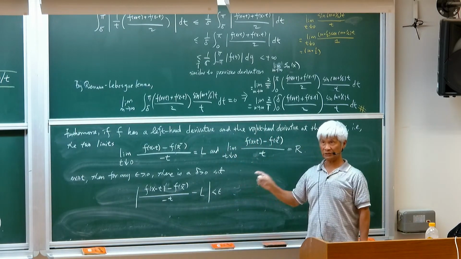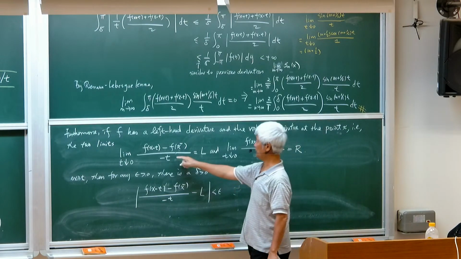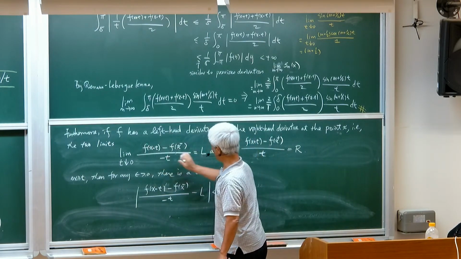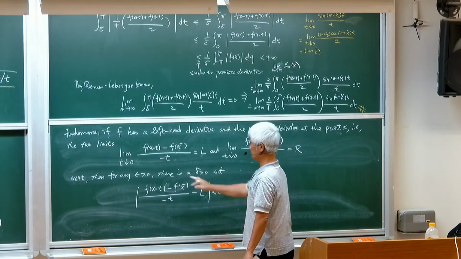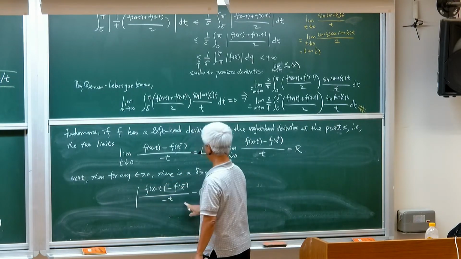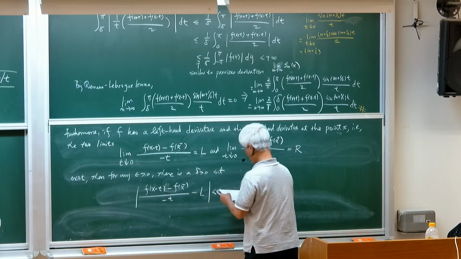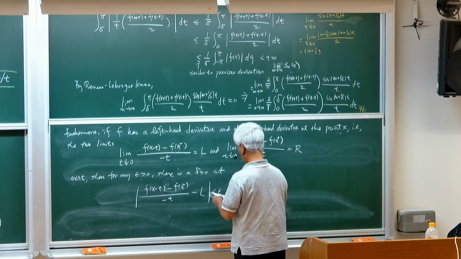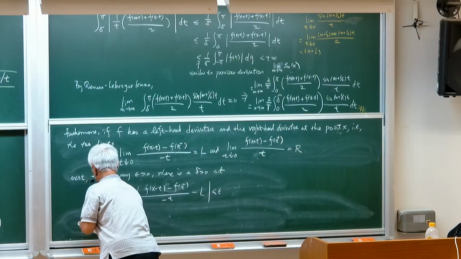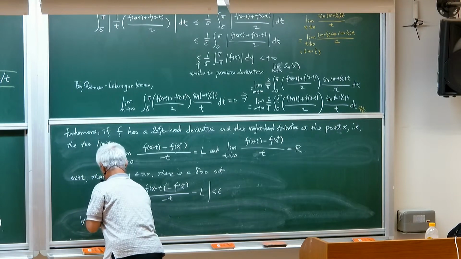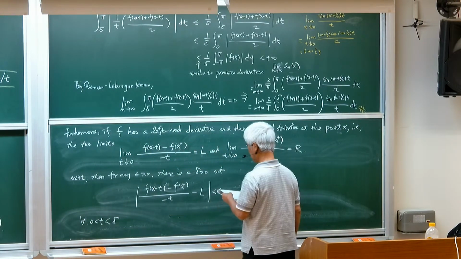This is the epsilon-delta definition of limit, whenever t is very close to 0, for all t between 0 and delta.